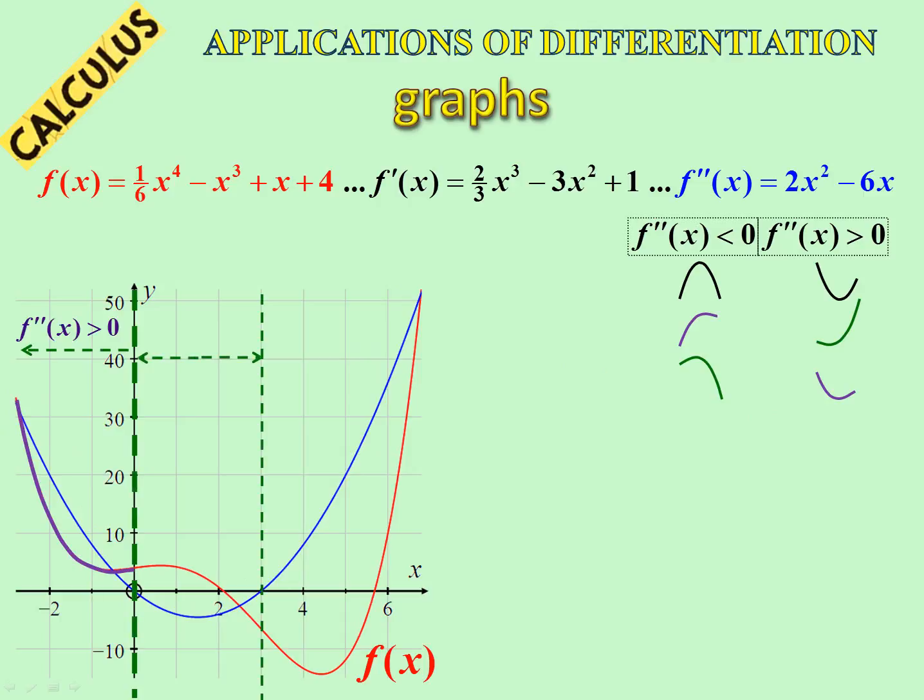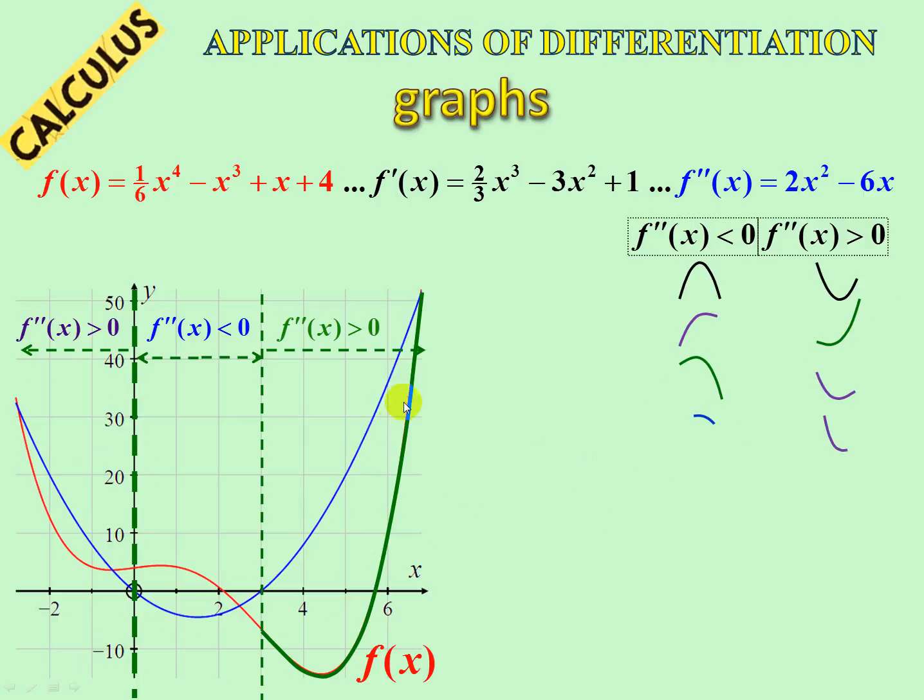Let's draw up our nice colors. In this case here, second derivative positive. Let's put this under there. In this case here, second derivative is negative from there to there, and there's the shape of the original. Let's put that under second derivative negative.